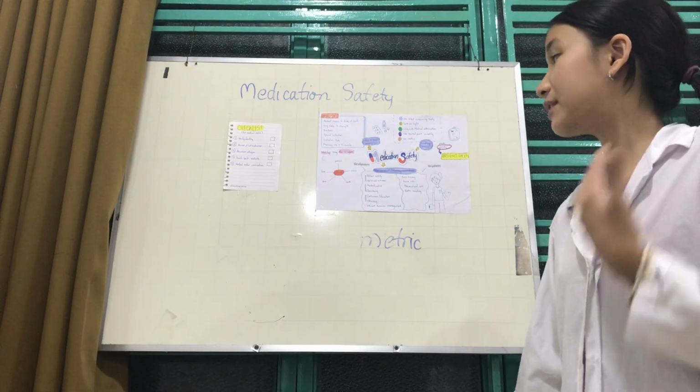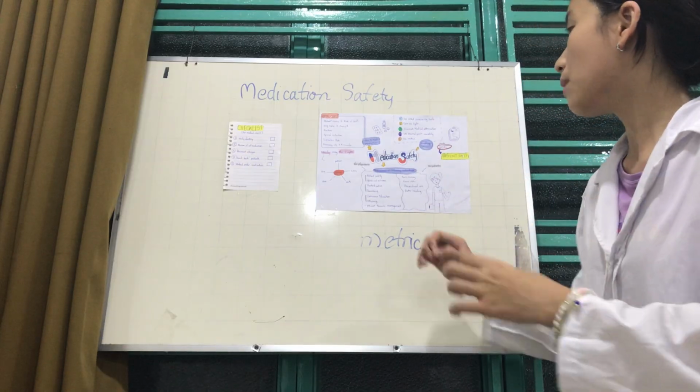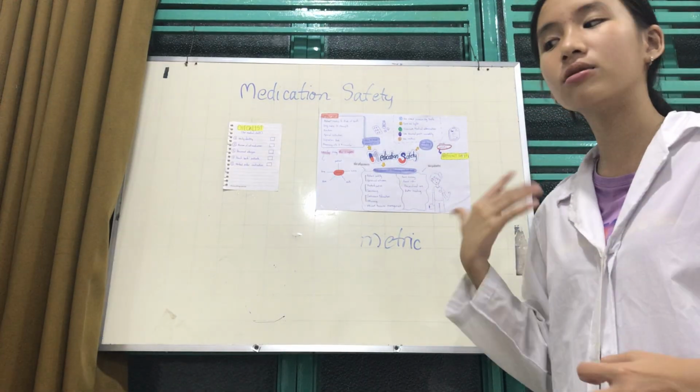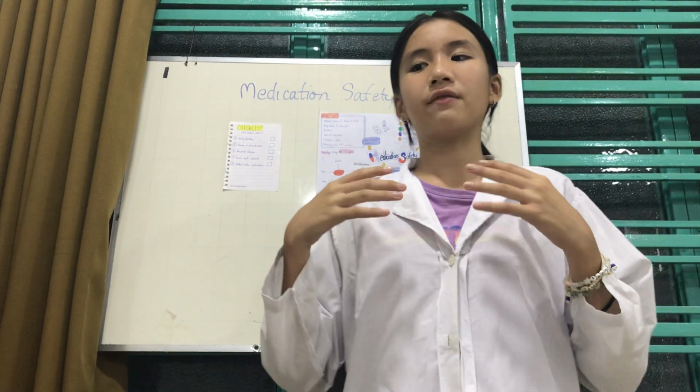Now, for physicians, patient safety is the first goal. Our ultimate goal as physicians is patient safety. If all goes well, then it is good. But if it doesn't go well, then we need to make sure that the patient is safe.